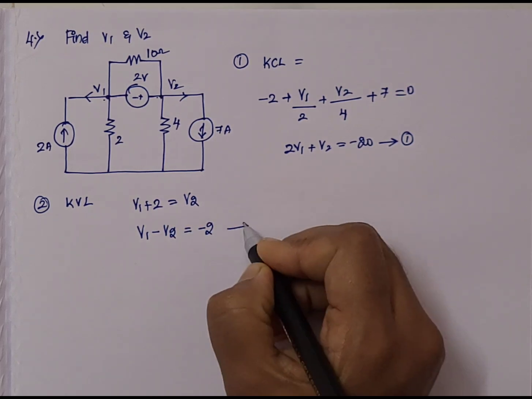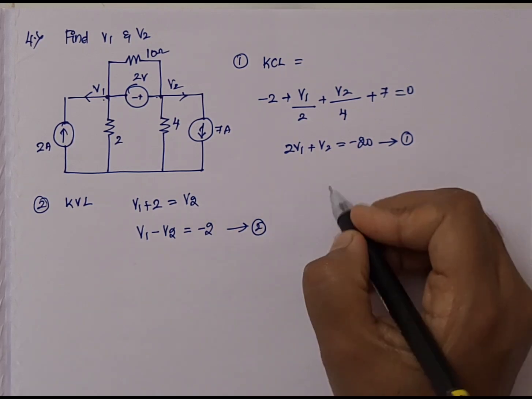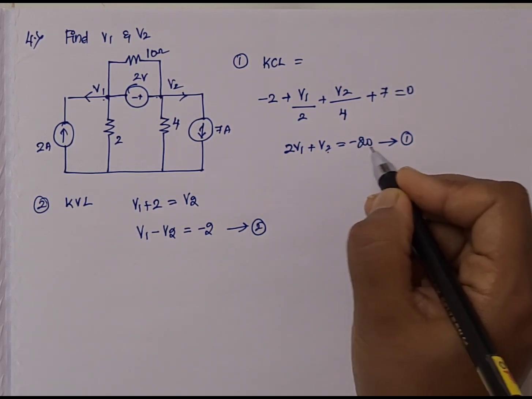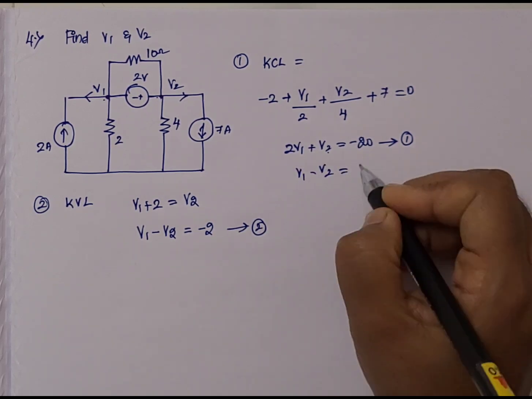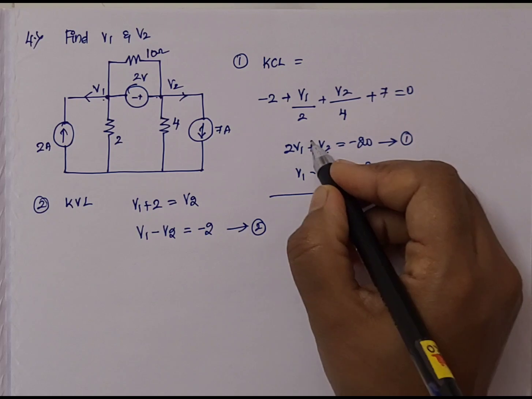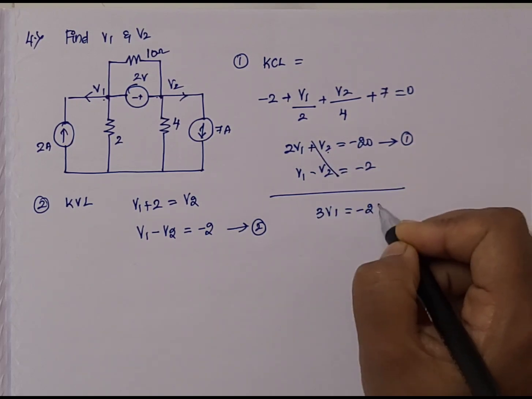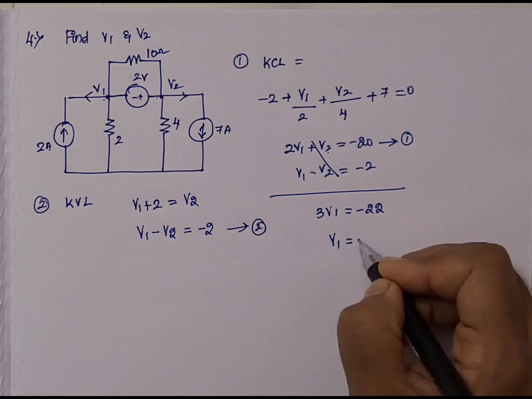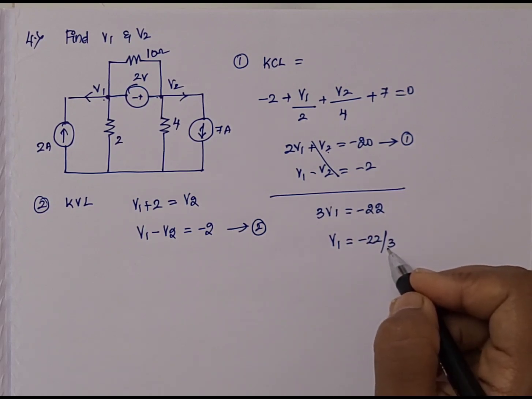So now we can add the two equations. The first equation is 2V1 plus V2 equal to -20, and the second equation is V1 minus V2 equal to -2. Adding this, we will get 3V1 equal to -22, from which V1 is equal to -22 by 3. So we have calculated the value of V1 now.